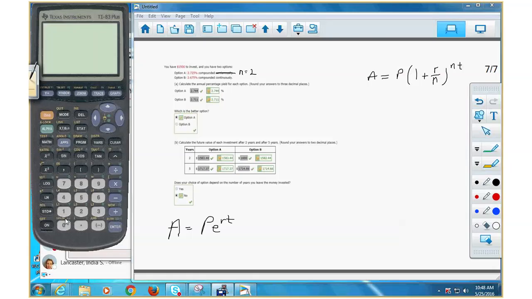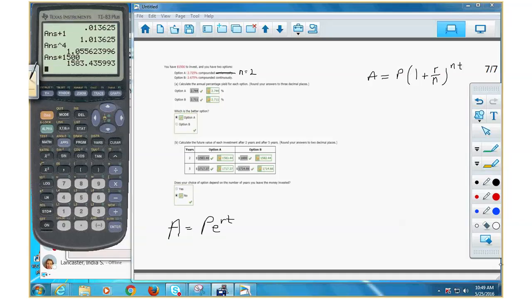So we take 0.0725 divided by 2, equals, plus 1, equals, and then raise that to nt, which will be 2 times 2 years, so 4, and then multiply that by 1,500.